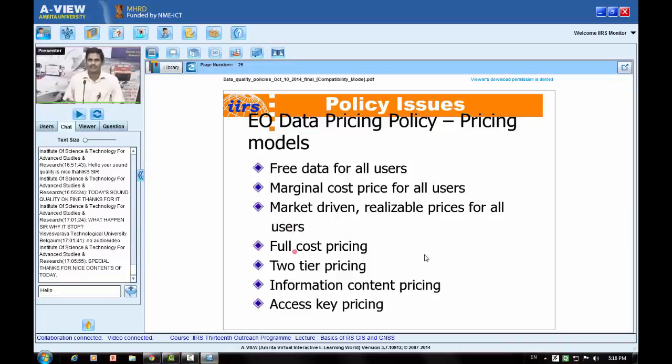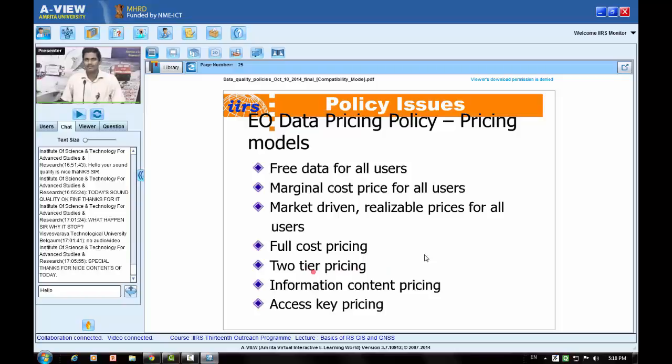One is full costing: I launch a satellite, and it is going to be there for 5 years collecting the data. If I want to get back the money I invested, then you have to work out what the cost will be and how many users are going to use it. Based on that, your cost also varies.